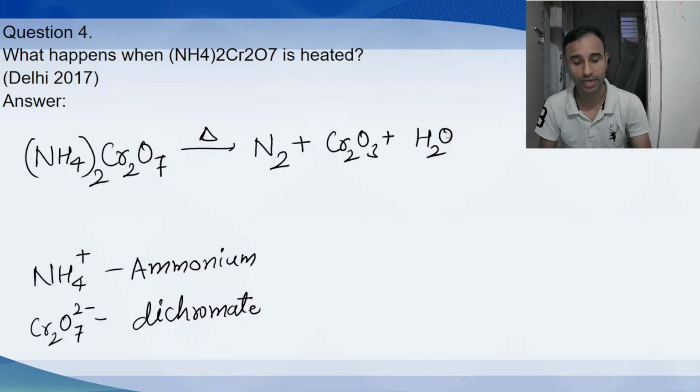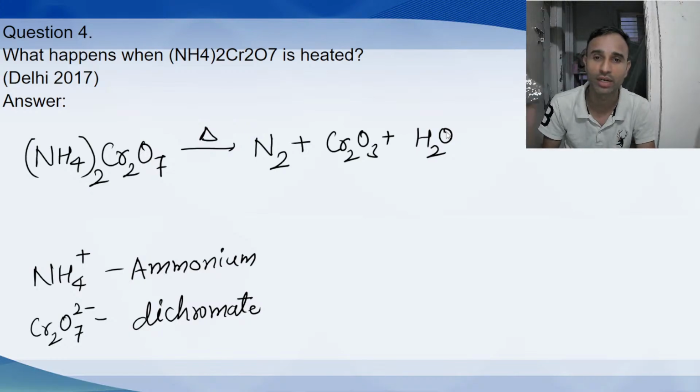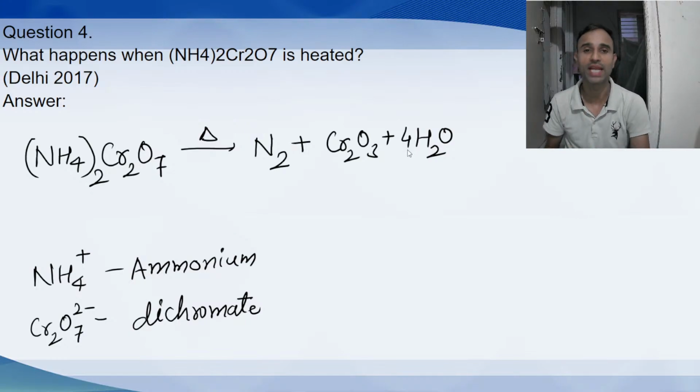It is used in crackers, because when we heat it, nitrogen gas is evolved that gives upthrust to the rocket, and Cr2O3 is green in color. Just balance it. I think now it is balanced. So this is the balanced chemical equation: when ammonium dichromate is heated, we have N2, Cr2O3 along with 4H2O.